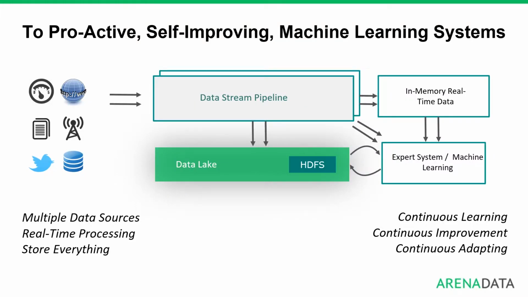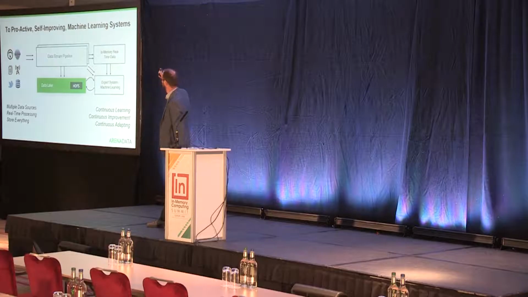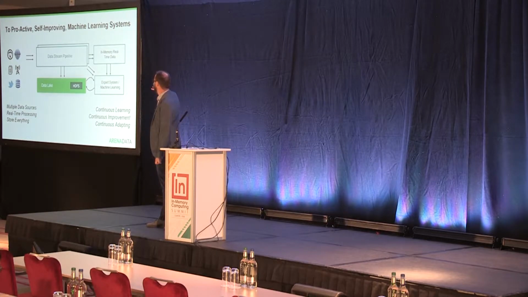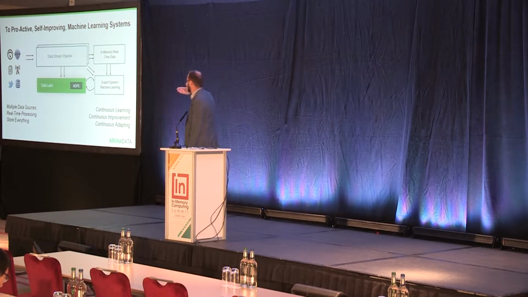And how can we migrate to a proactive, self-improving machine learning system? It should look like this, because you need a so-called data stream pipeline. This approach allows you to process data in flow. And of course, you need a real-time engine to process the real-time data. And you need some kind of machine learning system which allows you to integrate inside the real-time data platform and your data lake as well.